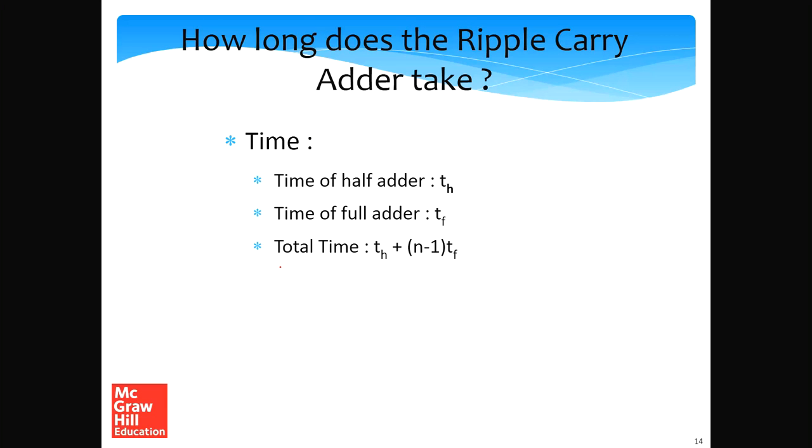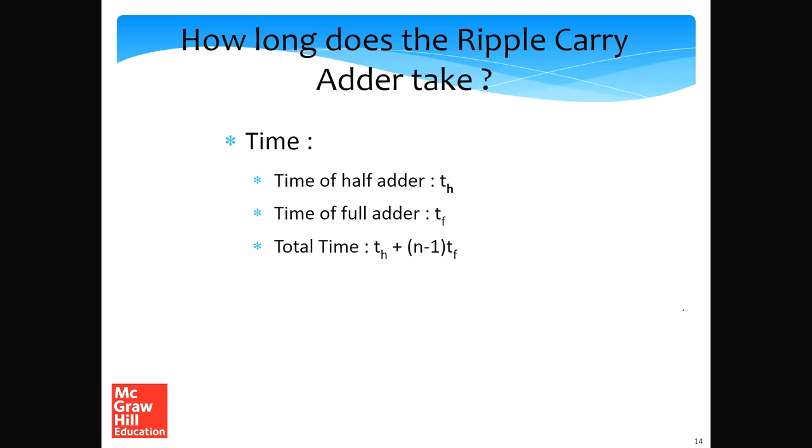So how long does the ripple carry adder take? The question is, when we design an adder, we should know how long it takes to perform the addition, such that when we compare two adders, we can compare them on the basis of the time. So let us assume that the time a half adder takes is th and the time a full adder takes is tf.